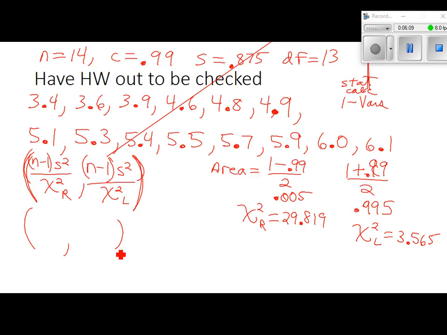Anybody get it? Yeah, I got 0.333. Then we do the same thing over here: 13 times 0.875 squared divided by that number, 2.79. What's after a 9? 1.